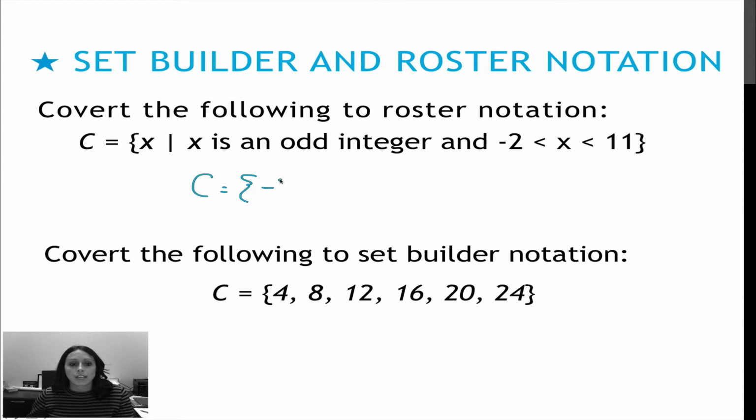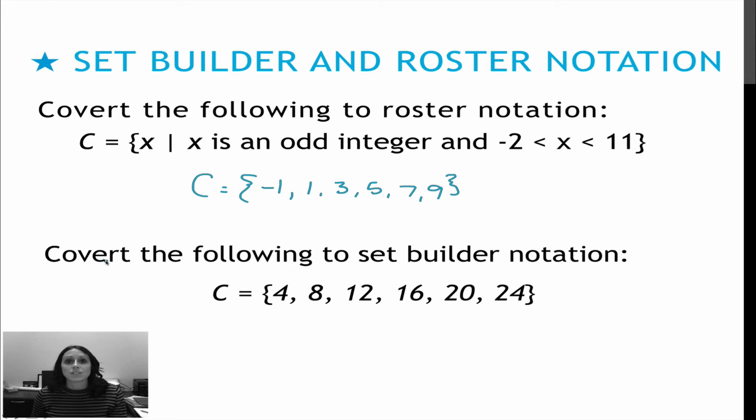I am going to use -1 because it's odd and it's an integer, meaning a positive or negative whole number. I'm not going to include 0 because it's not odd or even. I will include 1. I will include 3 and 5 and 7 and 9. I won't include 11 because there's no "or equal to" on this one. So that is how I would write it in roster notation.